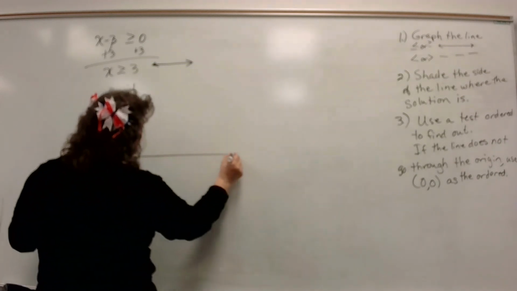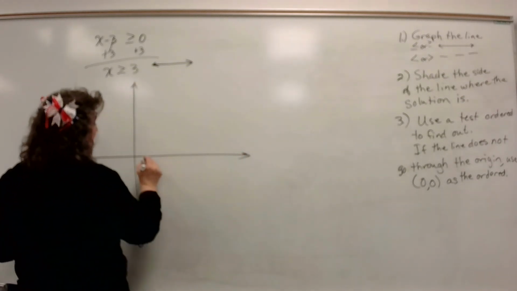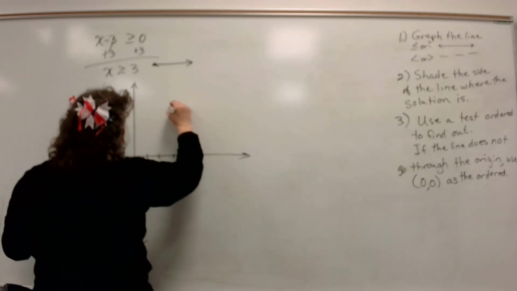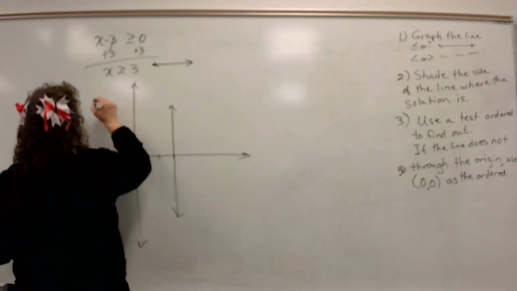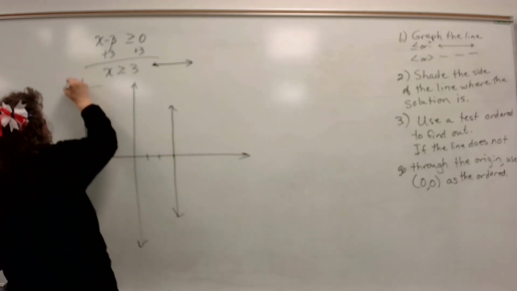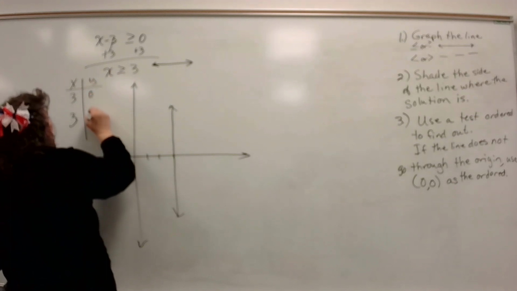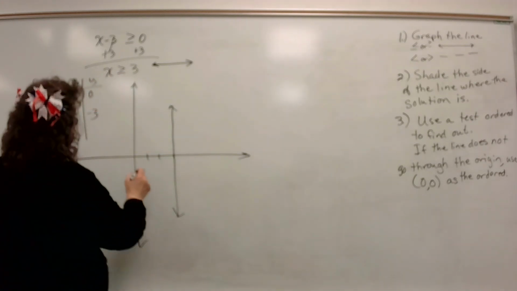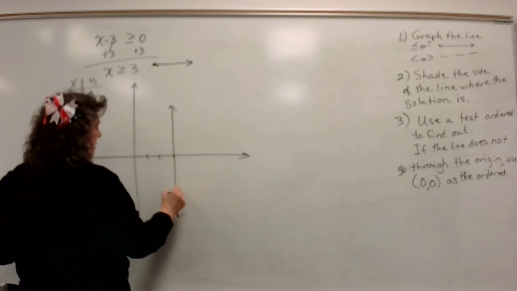Let's go ahead and graph this. If I graph x is equal to 3, that means I have a vertical line at 3. Why? Because to be equal to 3, all my x's have to be 3. My y can be anything I want it to be. Okay? So (3, 0) and (3, negative 3).